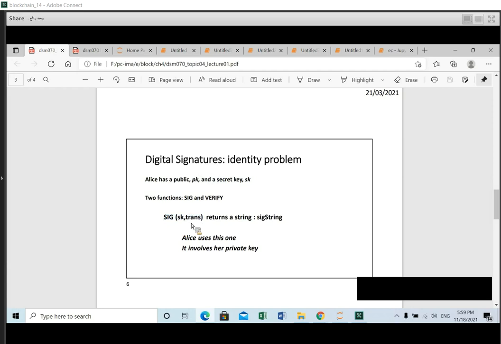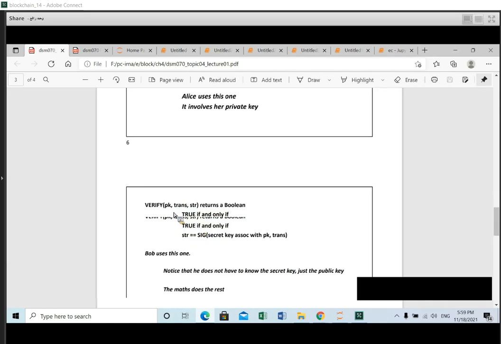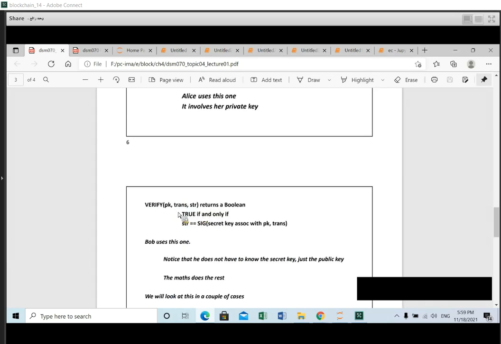I showed you these two functions inside the Python code. Signature signs a transaction using the private key. This is the private key, okay? And returns the signature, a string, okay? As I showed you in the code.